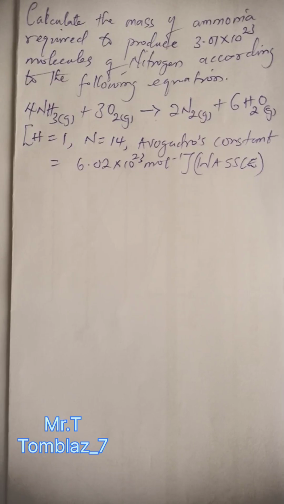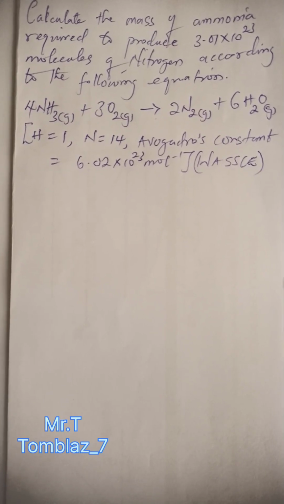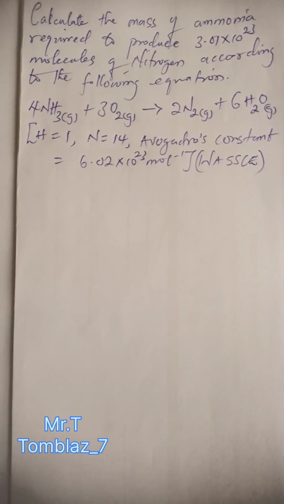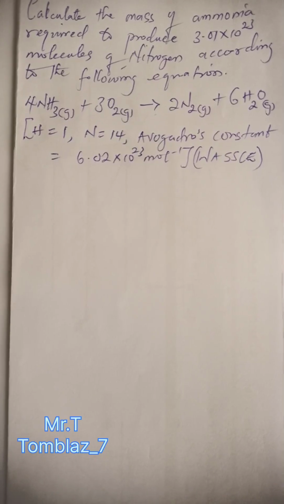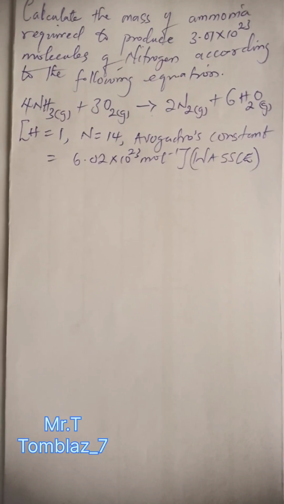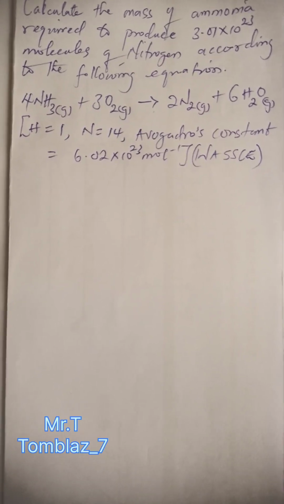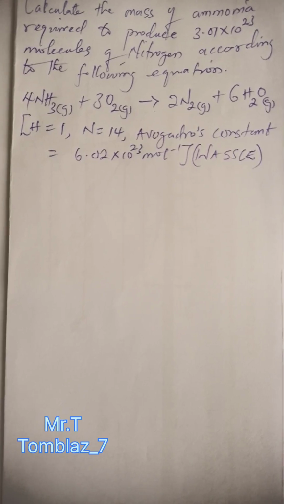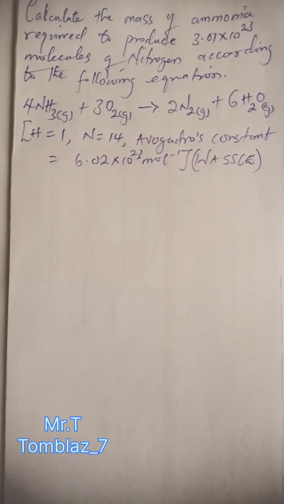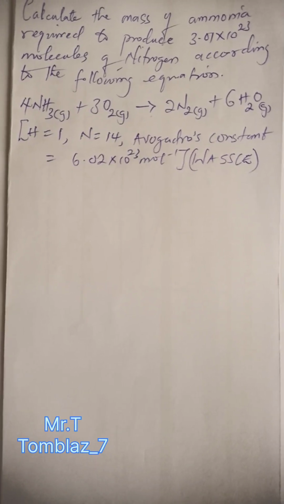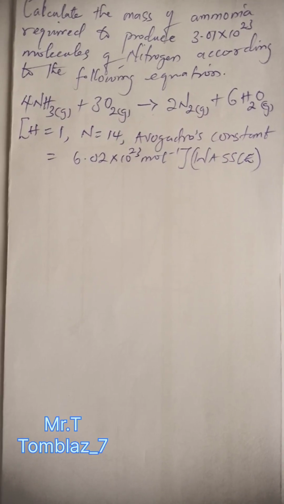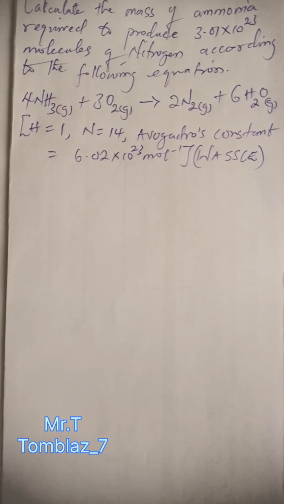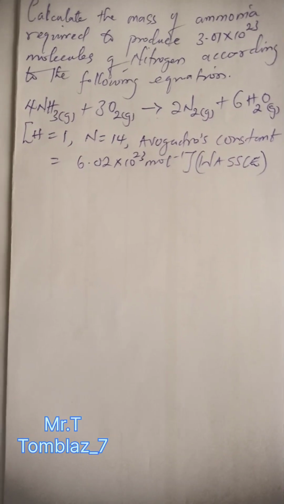Now, they gave us the atomic mass of hydrogen to be 1, atomic mass of nitrogen to be 14, and Avogadro's constant to be 6.02 times 10 raised to power 23 per mole. And this question is from the West African Senior Certificate Examination. So let's see how we're going to go about this question.